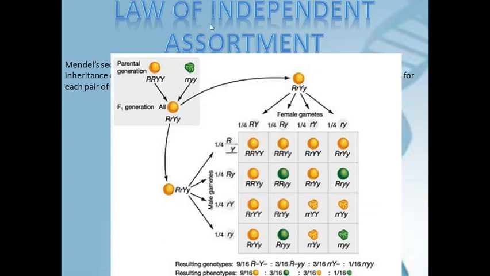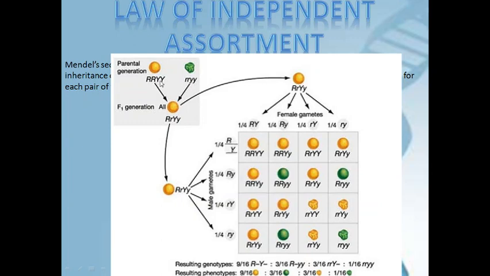See, I'm explaining it again. These were the parent generation, round and yellow, and then green and wrinkled. Green is represented by small rr, and wrinkled by small yy, and with capital letters, round and yellow is shown.